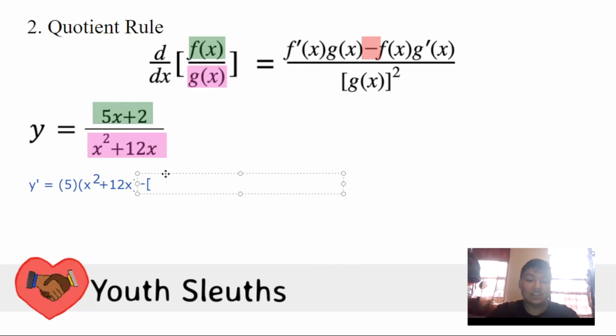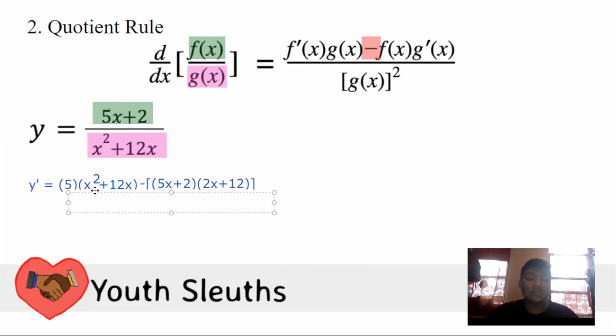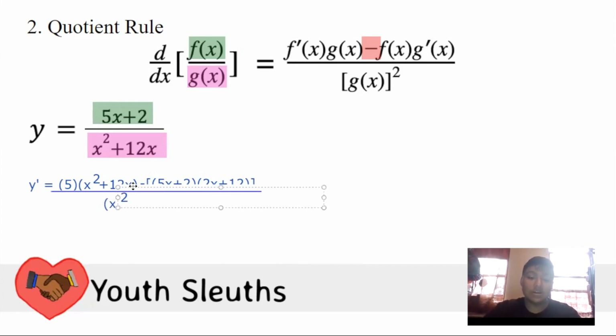So we won't make that mistake here. So we have 5x plus 2 being multiplied by the derivative of x squared plus 12x, which is 2x plus 12. And in the denominator, we have g of x squared, which in our case would be x squared plus 12x, and then that squared.